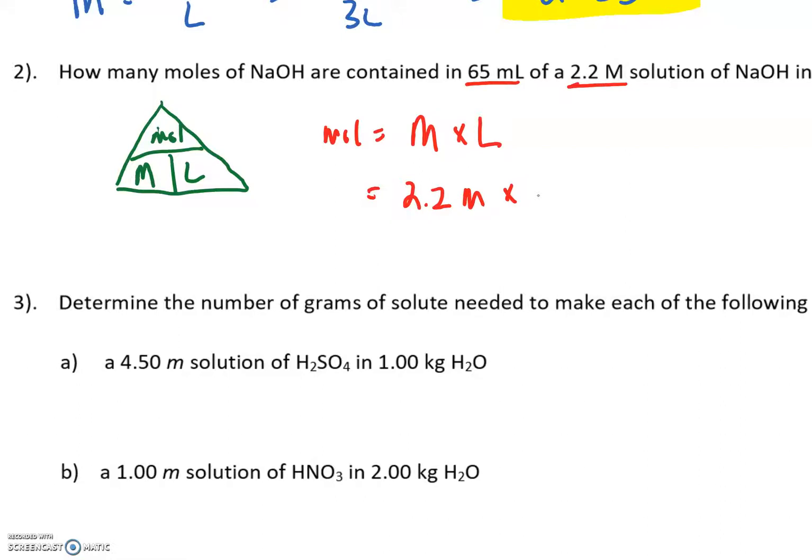So we're going to say times 0.065 liters. So we have 2.2 times 0.065 is 0.143 moles of sodium hydroxide. All right.